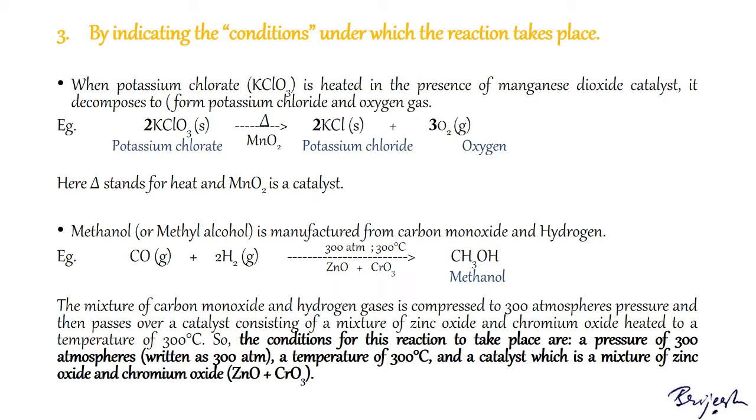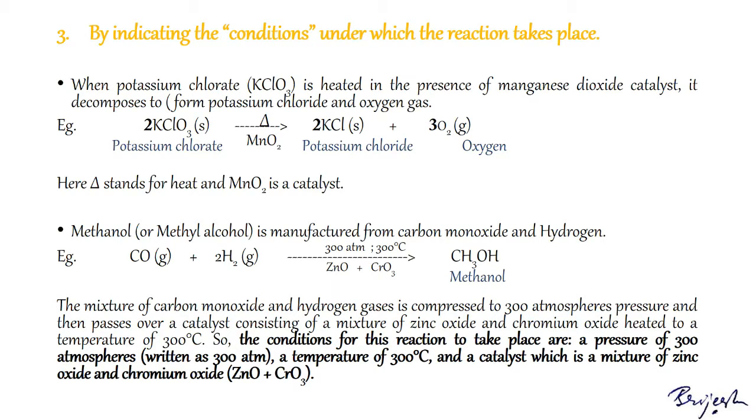If the reaction takes place in the presence of a catalyst, then the symbol or formula of the catalyst is also written. For example, when potassium chlorate, that is KClO3, is heated in the presence of manganese dioxide catalyst, MnO2, it decomposes to form potassium chloride, that is KCl, and oxygen gas.